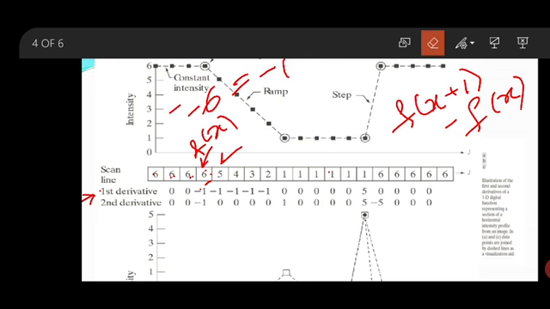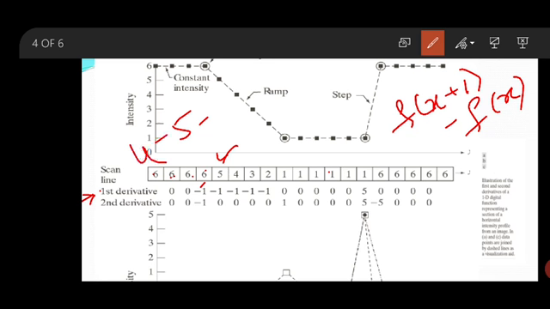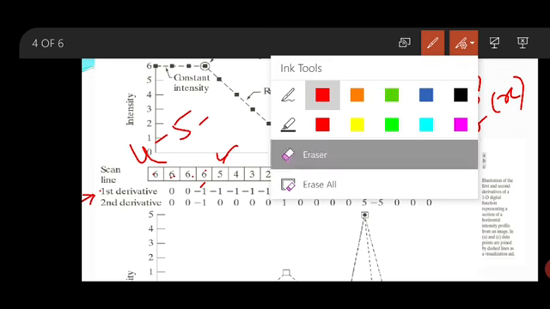I hope you understood how I got minus 1 here. Now I'll come to this point. What is the value of f of x? 5. F of x plus 1 is 4. 4 minus 5 is minus 1. For simplicity, I'll make all the operations in this way.